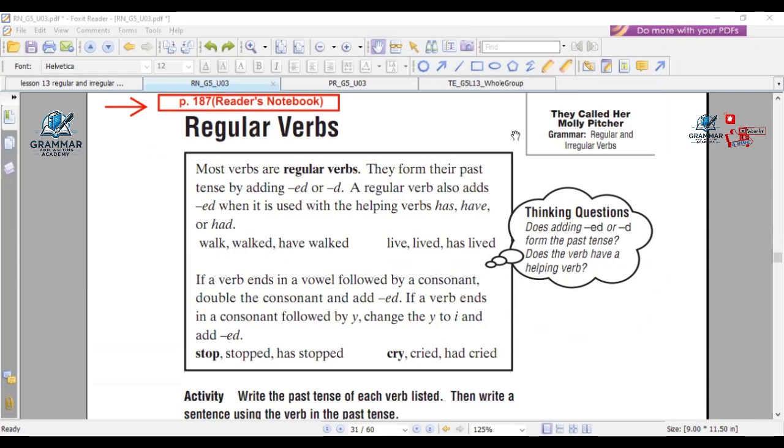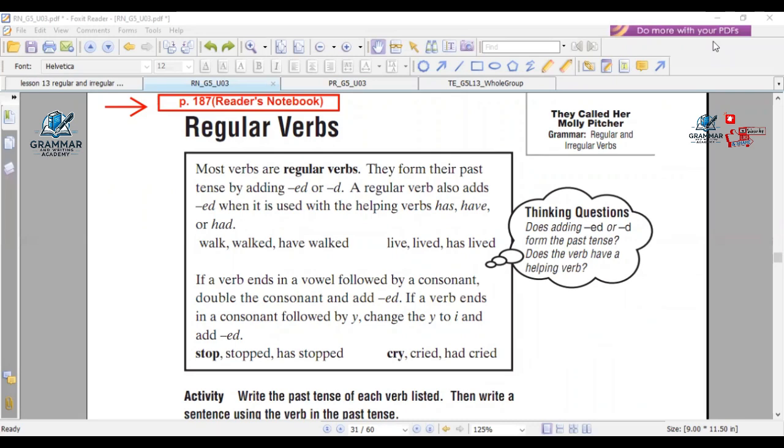Most verbs are regular verbs. They form their past tense by adding ed or d. A regular verb also adds ed when it is used with the helping verb has, have, or had. Walk, walked, have walked; live, lived, has lived.